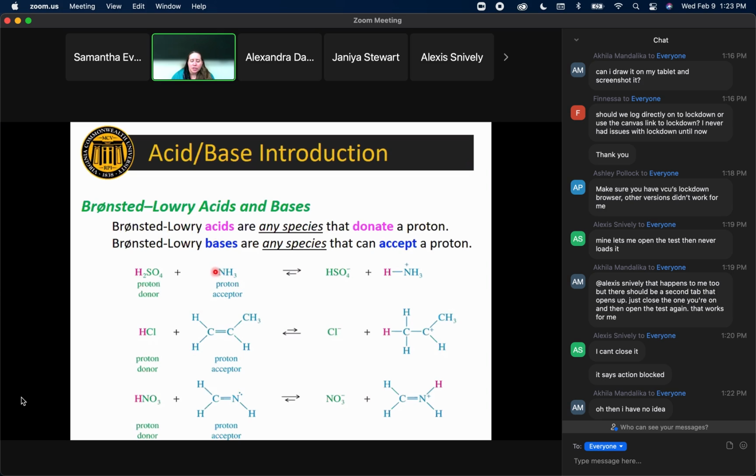So it's the lone pair electrons here in ammonia, it's the pi electrons here in this double bond, and it's the lone pair of this nitrogen in this C double bond N compound. You can see that in each case, we have a deprotonated form of our acid left behind and a protonated form of whatever our base was.